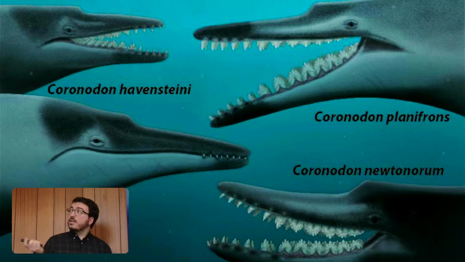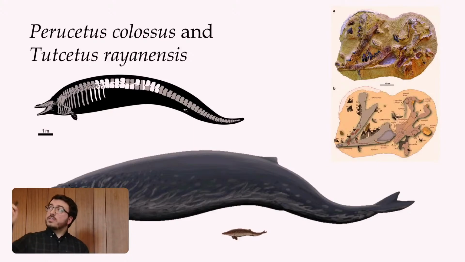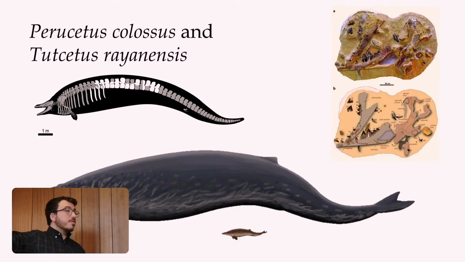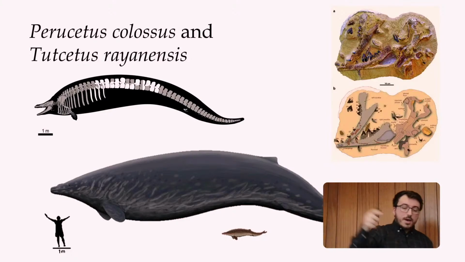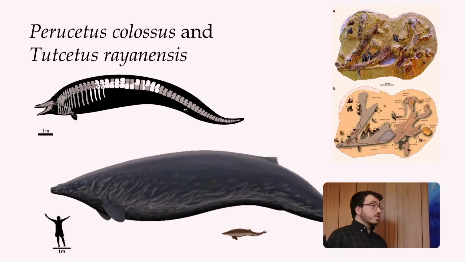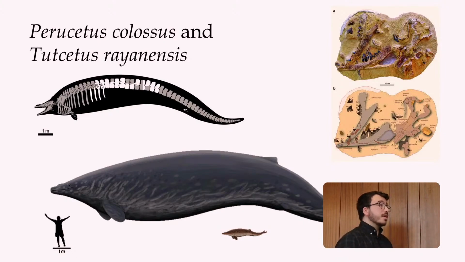But since then, we've also had the discovery of the largest of the basilosaurids, Perucetus, which is that huge one at that end, and that could get up to about 20 meters, which is the same size as some of the other longest basilosaurs at least.